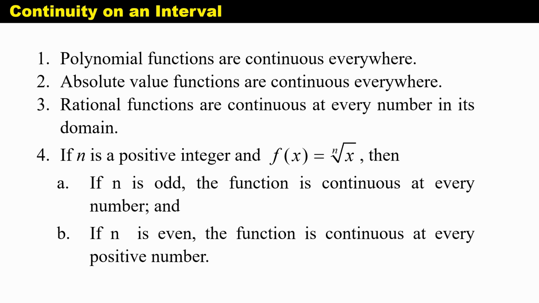And fourth is if your function is a radical function, if n is a positive integer and your function is equal to the nth root of x, then if n is odd, the function is continuous at every number, and if n is even, the function is continuous at every positive number. Now, these are the known facts about continuities of functions on intervals. Now we will move on to our examples and apply these known facts.